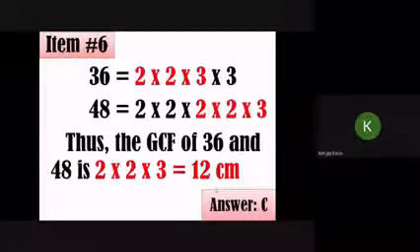Okay, and I'll also have this one pass by: the continuous division method. They are both divisible by 6. 36 divided by 6 is 6. 48 divided by 6 is 8. But 6 and 8 are still divisible by 2.